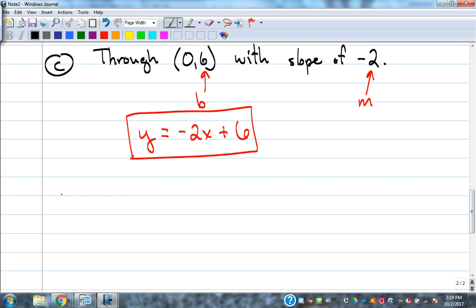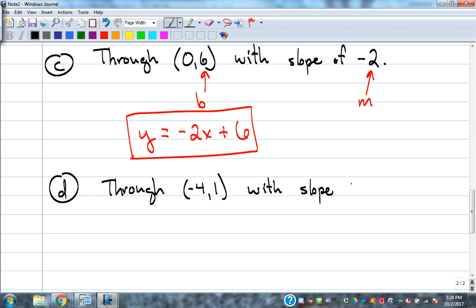So let's look at what they really give us most of the time. They're going to give us another ordered pair. And they're going to say it's going through negative 4, positive 1 with slope negative 3. That's not as nice if I'm trying to write it in slope-intercept form.